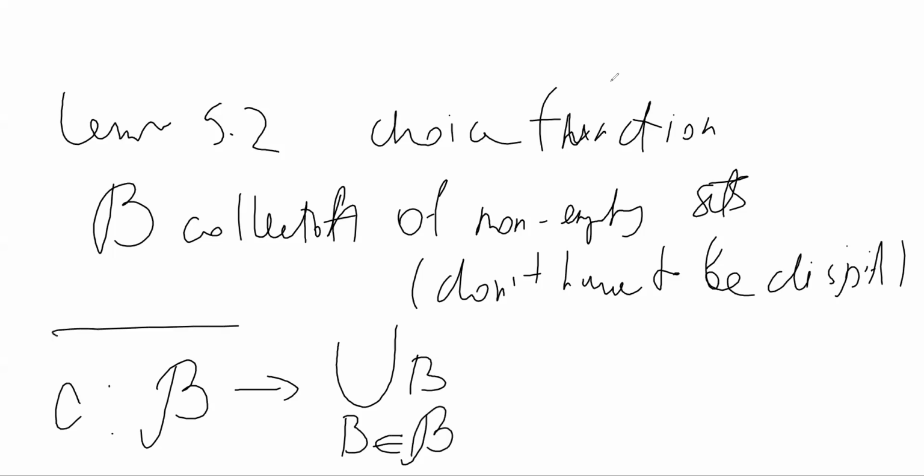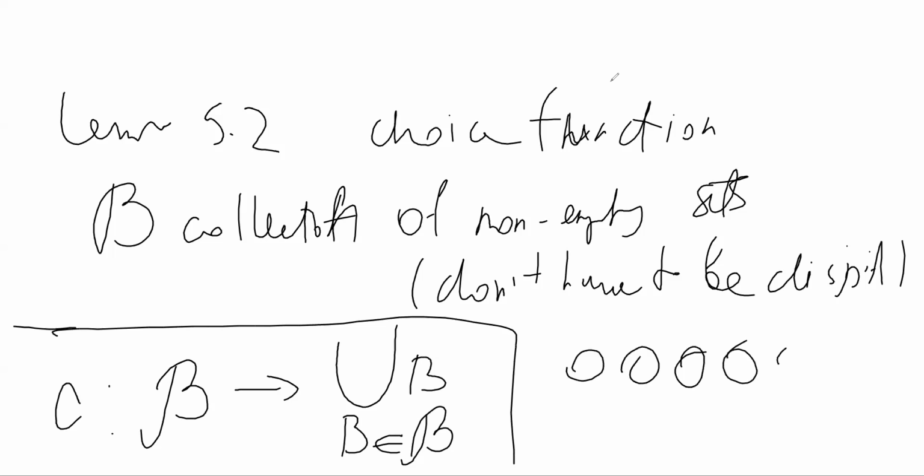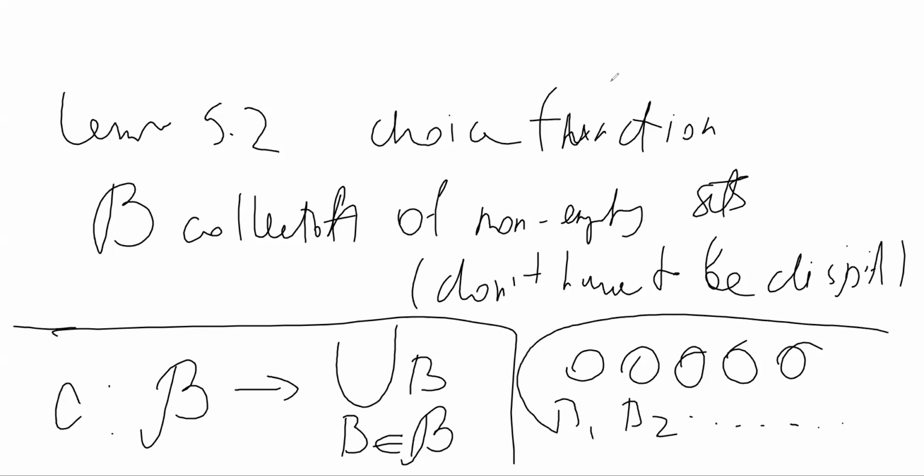I know it's kind of a scary notation, but imagine you have sets, say B1, B2. Of course, it may not be a countable collection of sets, but you have some kind of sets, and we call this set of sets a collection of sets, fancy B. It kind of looks like a Russian B though.